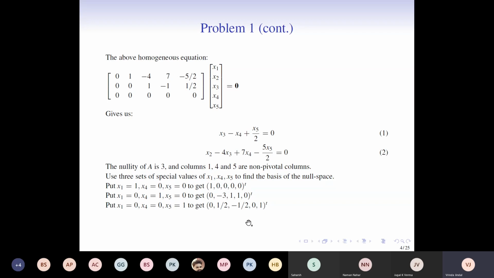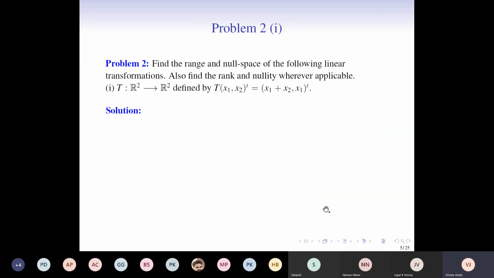So any solution of the homogeneous equation Ax equal to 0 can be represented as a linear combination of these vectors. So they form the basis of the null space of A and hence of F. So this was the first question. Are there any doubts? Okay.